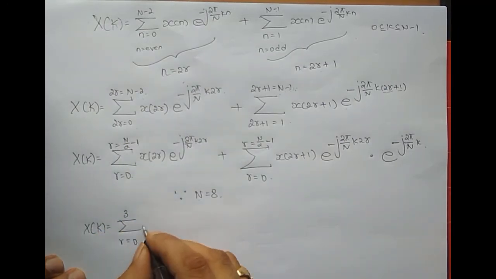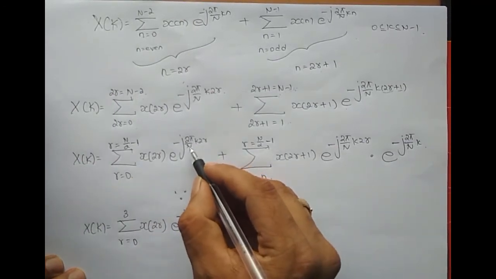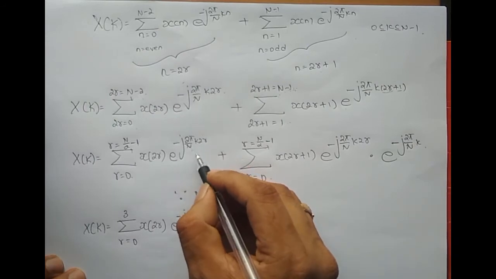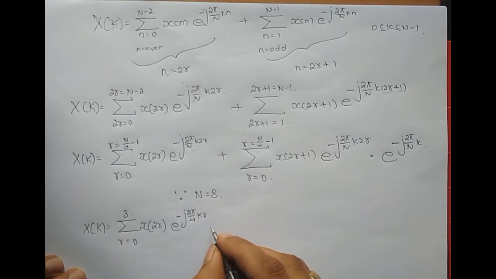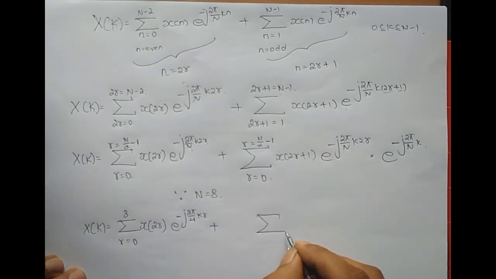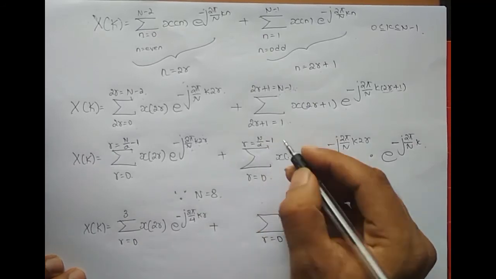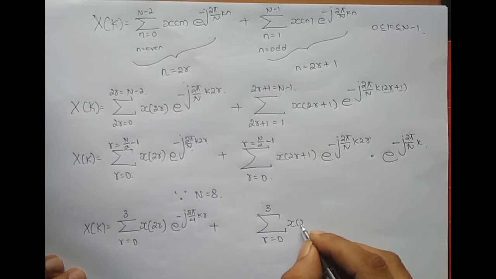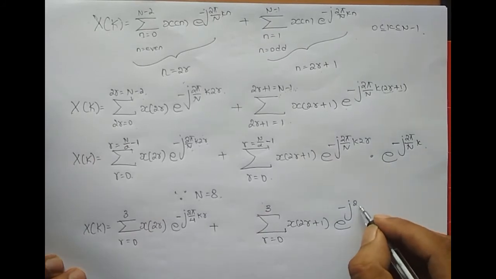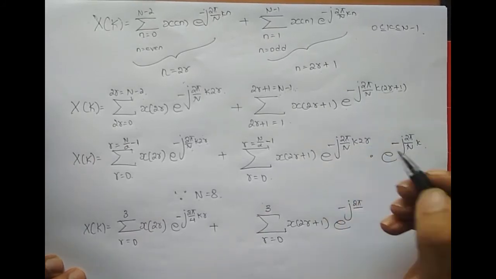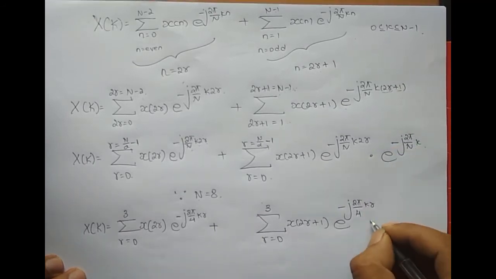So r varying from 0 to 3, x of 2r e power minus j, this is 8, so 2 ones are 2, 4s are 8, so I get 2 pi by 4 into k into r, plus summation r varying from 0 to, again this is n by 2 minus 1, which is 3, x of 2r plus 1 into e power minus j, so 2 pi by 8, 2 divided by 8 is 1 by 4, so I get 2 pi by 4 into k into r.